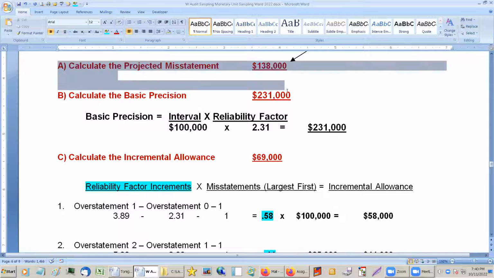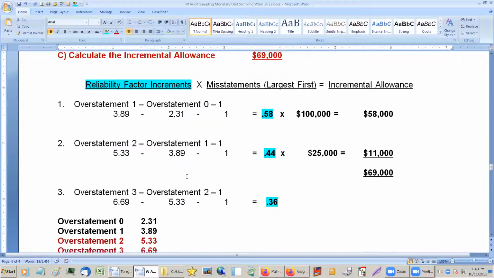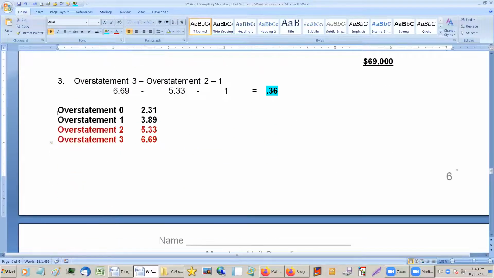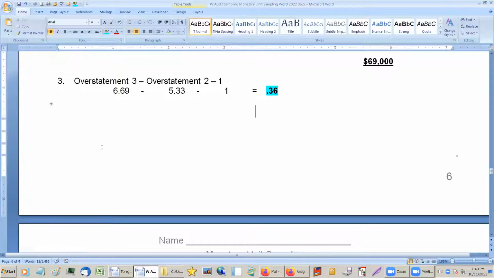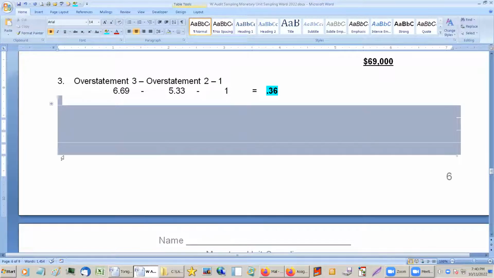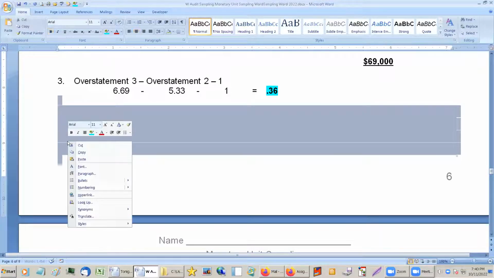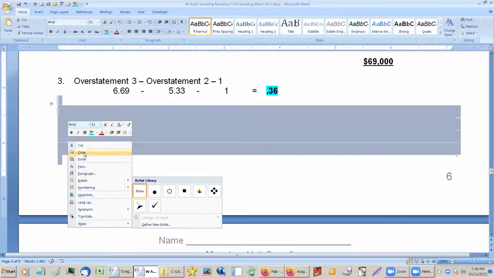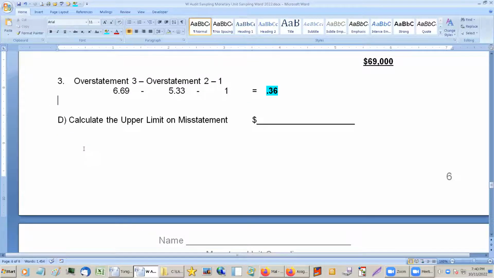I got all kinds of different fonts in here. Okay, so I'm going to copy these down to here. Let me get rid of these. I guess I'm not. Okay.